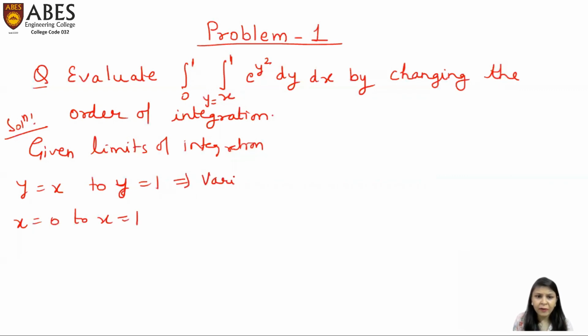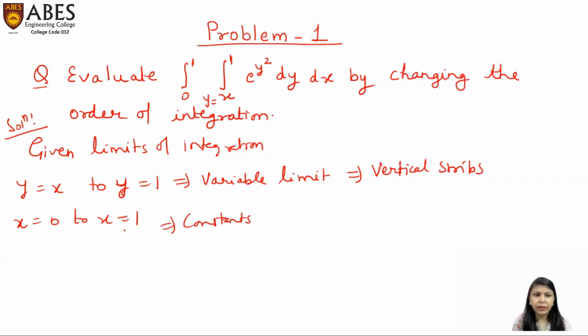So this is the variable limit. अगर y की लिमिट वेरी कर रही है, तो इसका मतलब we have to draw the vertical strips, and this limit is a constant. Okay, x की लिमिट क्या होगी, कांस्टेंट होगी, और इसका ऑर्डर जो कि dy dx है, इसका ऑर्डर भी चेंज हो जाएगा. After changing the order of integration, the new order will be dx dy.